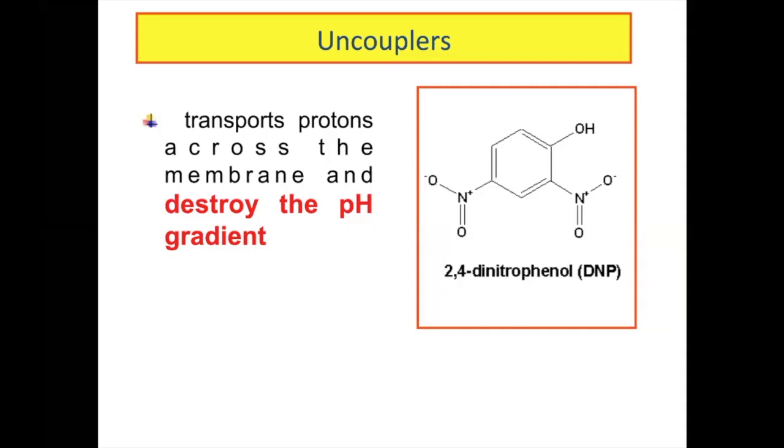What is the moving force for electrons to be transported from one complex to another? It is the electrochemical gradient. And this electrochemical gradient is affected by the pH. So if you destroy the pH gradient, you are actually preventing ATP from being synthesized.